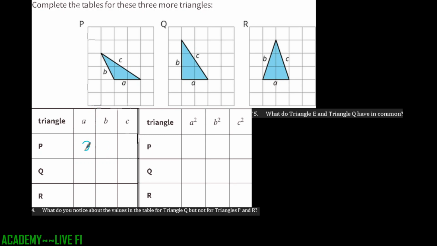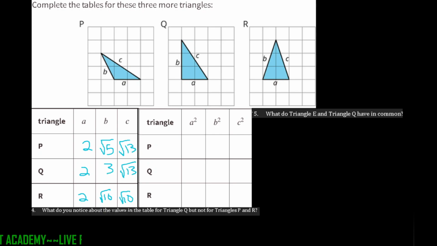This is going to be 2, square root of 5, square root of 13. This is going to be 2, 3, and square root of 13. And this is going to be 2 square root of 10 and square root of 10.